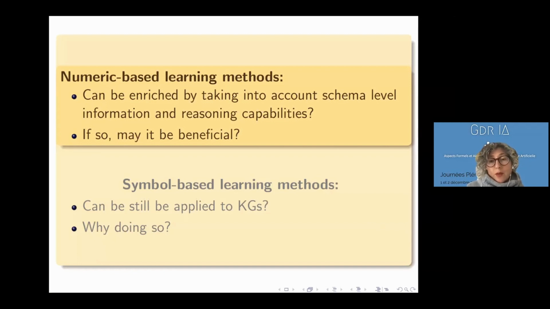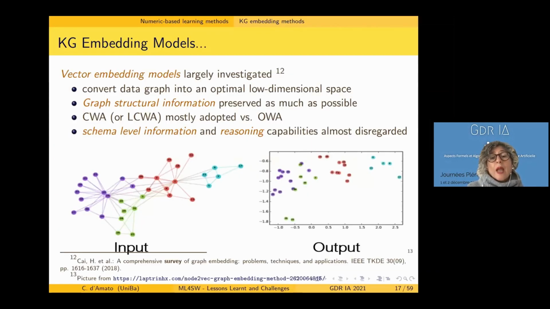first question, concerning numeric-based learning methods, and particularly I focus on knowledge graph embedding methods, because among the different numeric-based learning methods, this class of methods showed an impressive ability to scale on very large knowledge graphs.